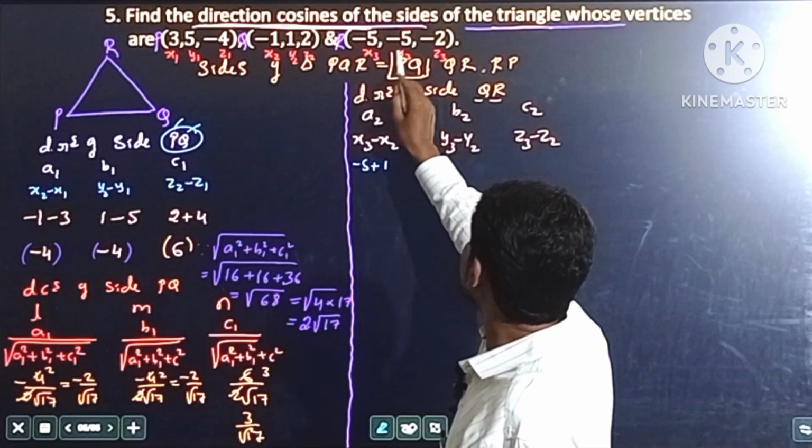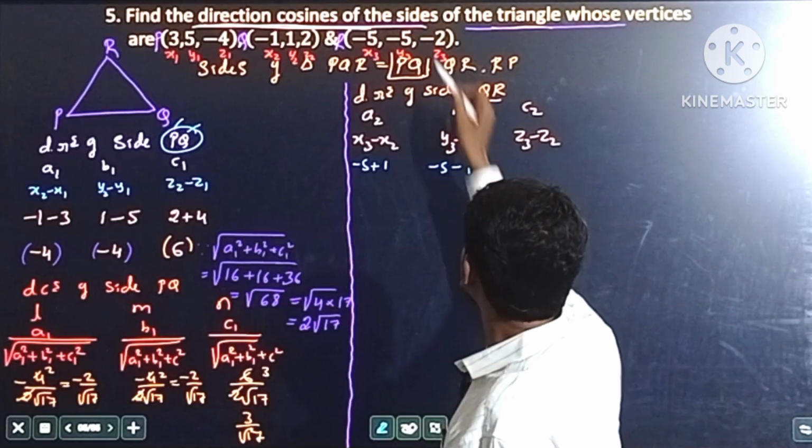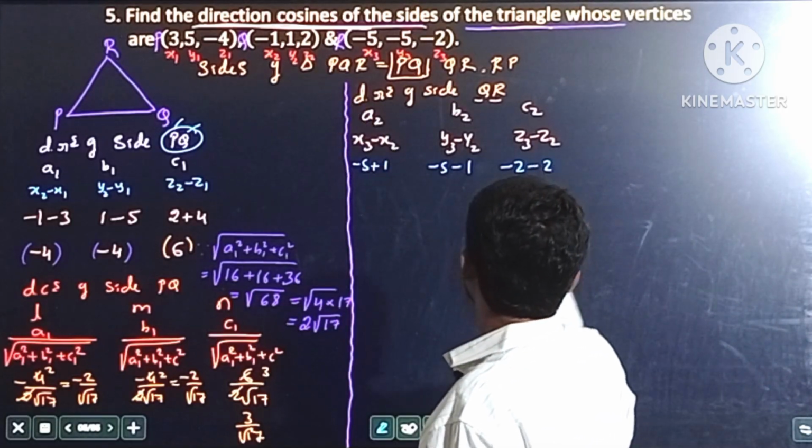And B2: Y3 is minus 5 minus Y2, which is 1. And the Z3 value is minus 2 minus the Z2 value, which is 2.